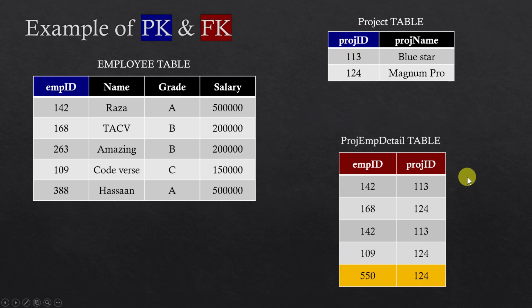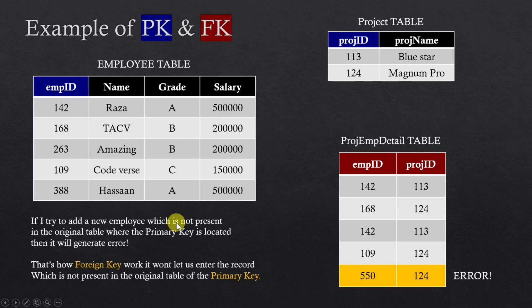So if I try to add employee 550 to project ID 124, it will give an error. The new employee is not present in the original table where the primary key is located. So we don't have an employee with the employee ID 550, so this record cannot be added.